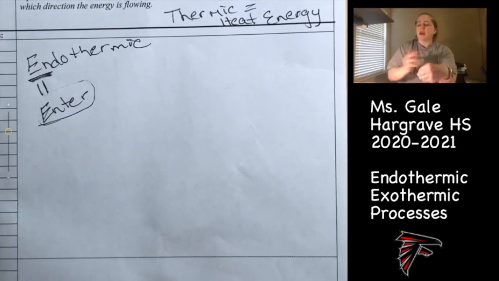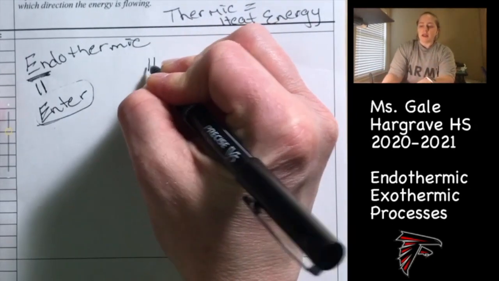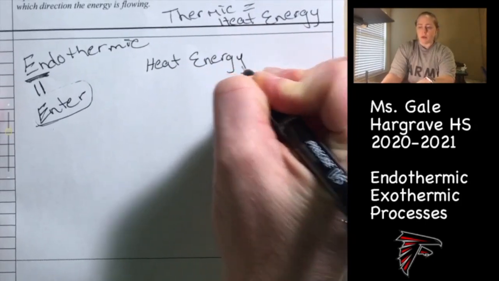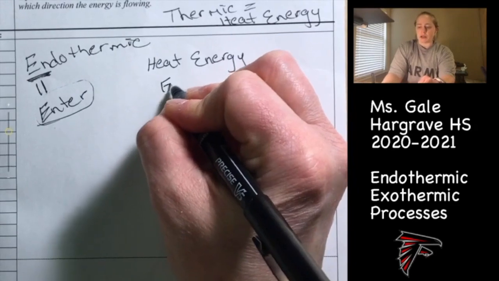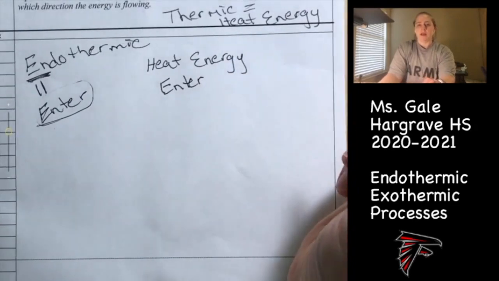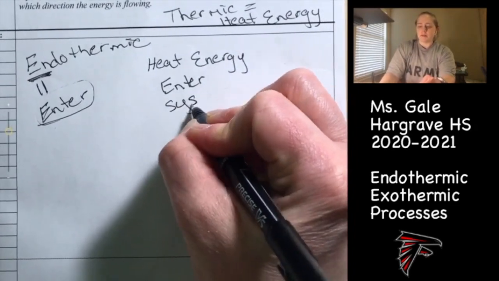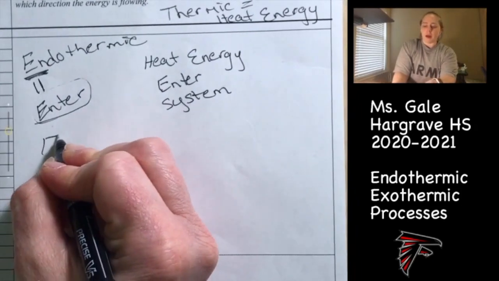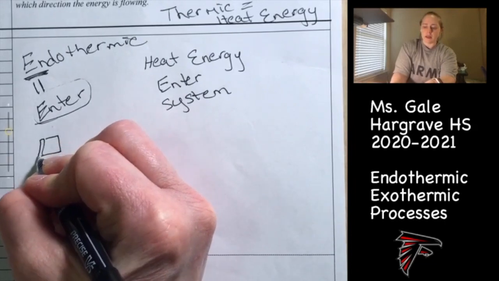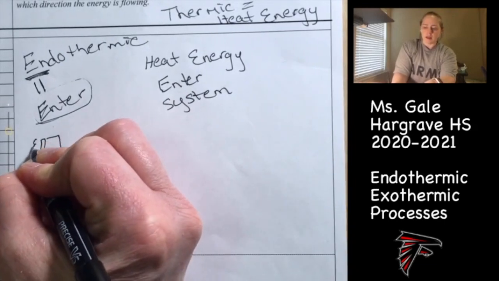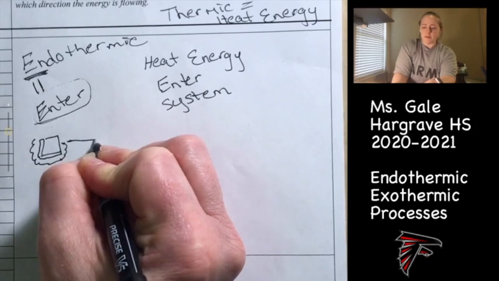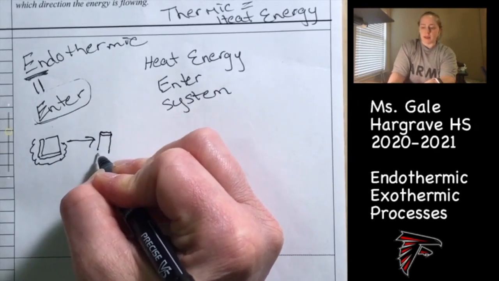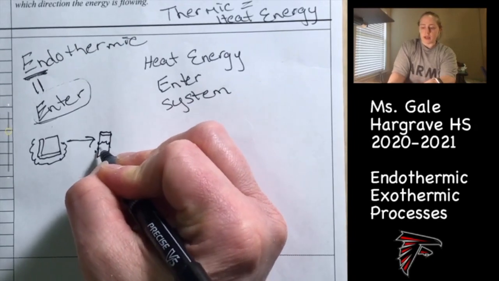So it's heat energy, or thermal energy, enters a system. That's basically going from ice to a glass of water, because that ice has melted and turned into liquid water.